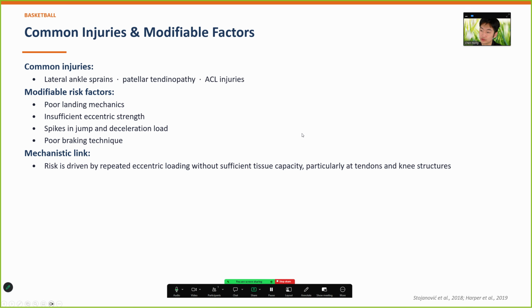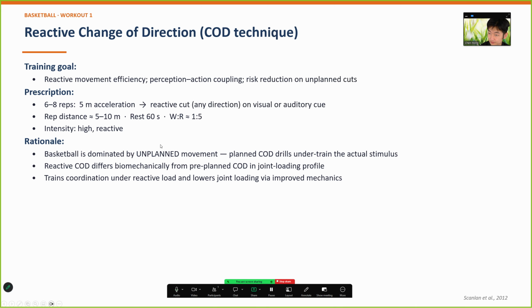Some common injuries include lateral ankle sprains, ACL injuries, and patellar tendinopathy. Modifiable risk factors include poor landing mechanics, insufficient eccentric strength, spikes in jump and deceleration load, and poor braking technique.